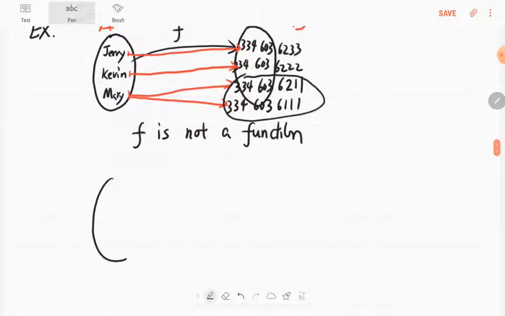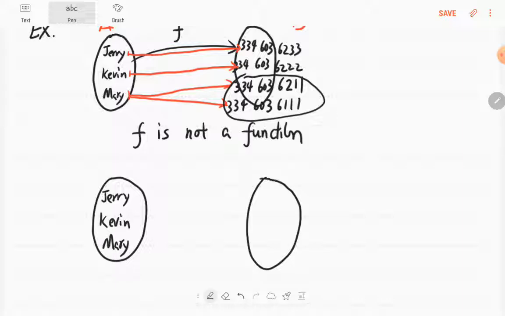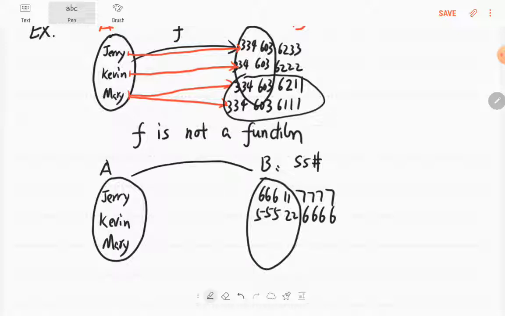Another example, we still have these 3 students. But this time, set B is the social security number. This is f.